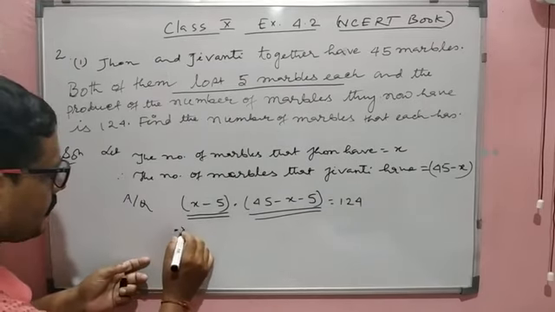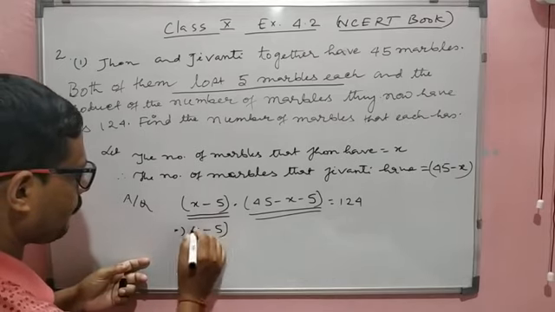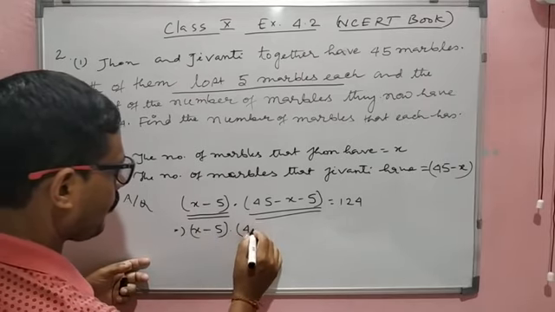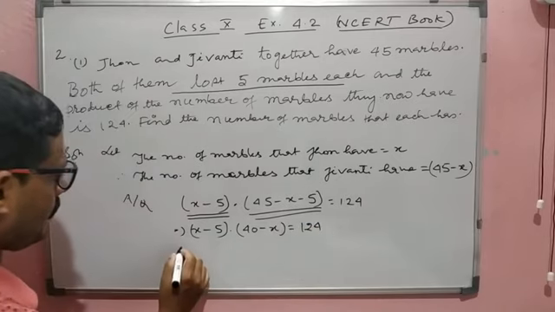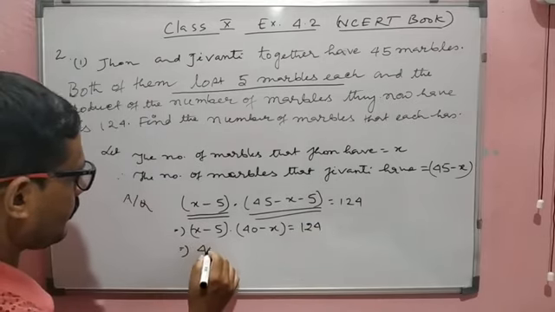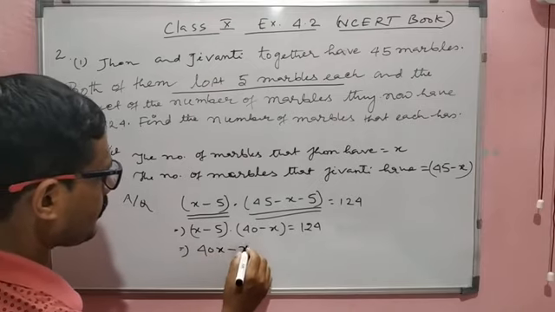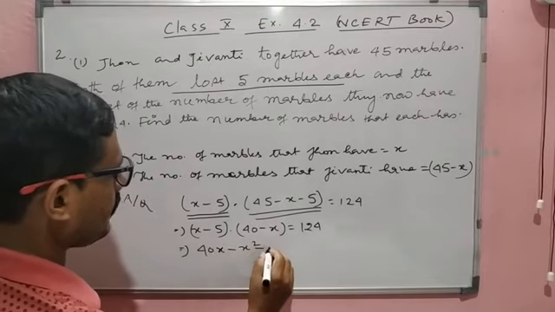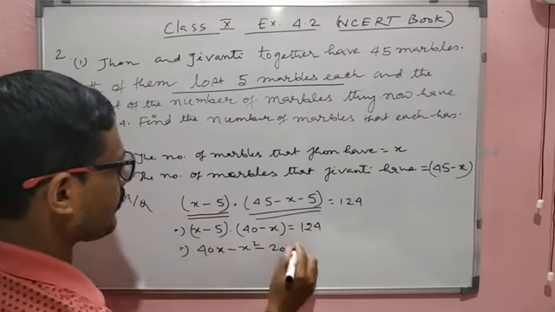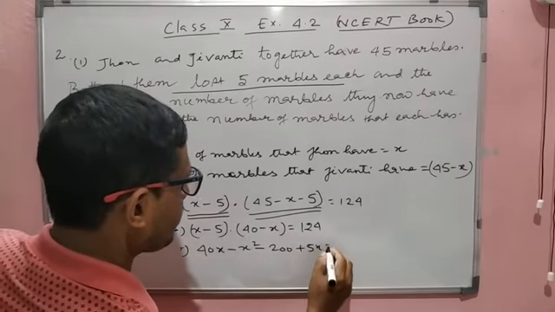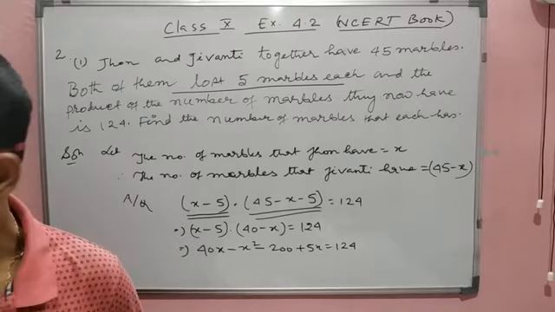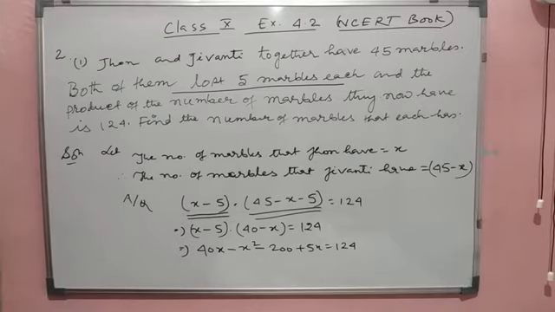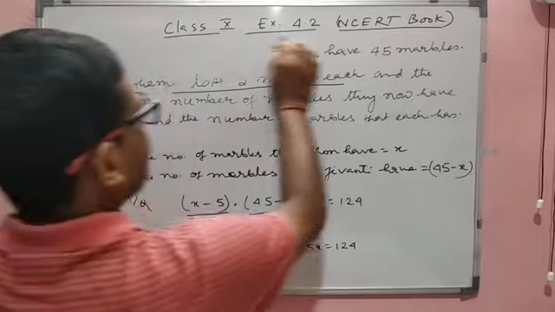Now let us solve this. X minus 5 into 40 minus X equal to 124. On multiplication we get 40x minus x square, minus 200 plus 5x, equal to 124.